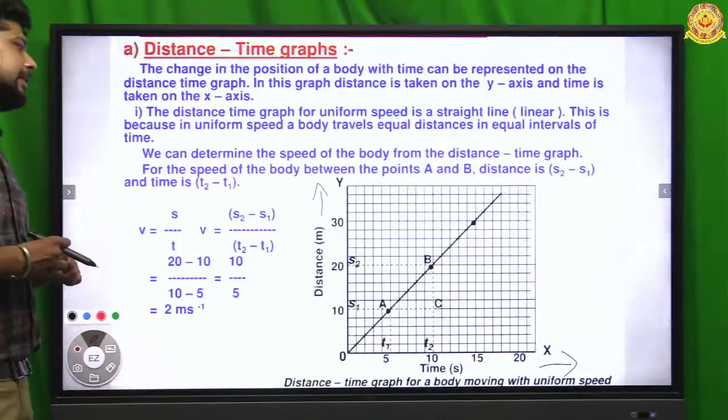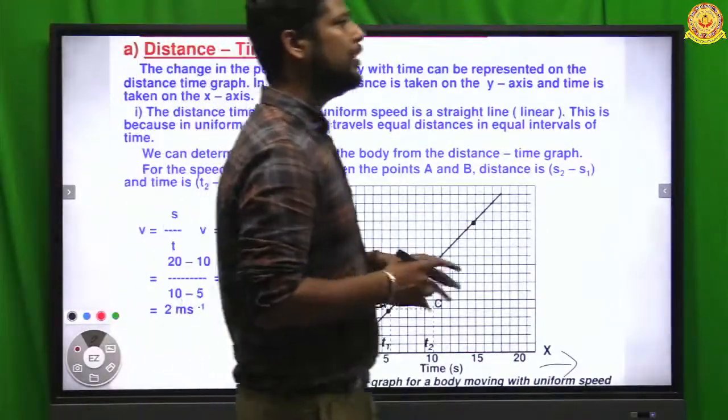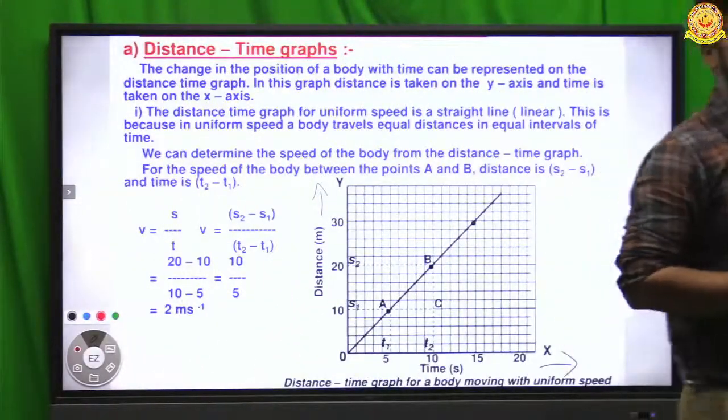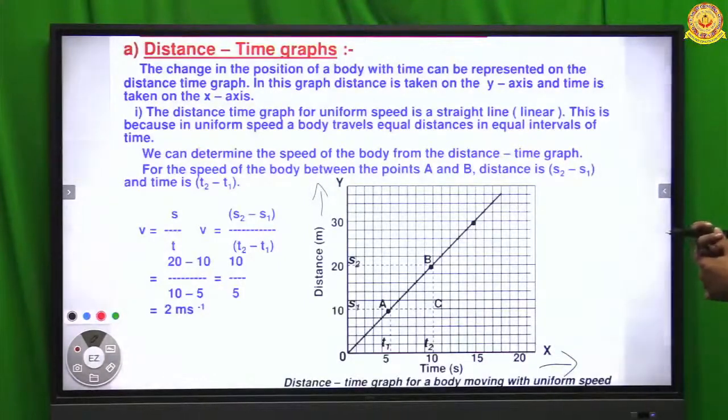We can determine the speed of the body from the distance time graph. How can we determine the speed of an object with this graph? For the speed of the body between points A and B, distance is s2 minus s1 and time is t2 minus t1.